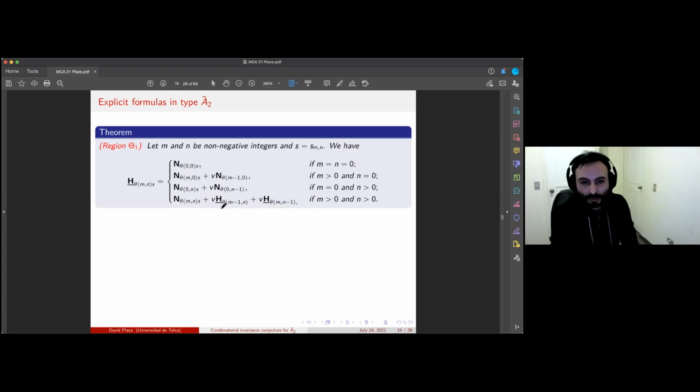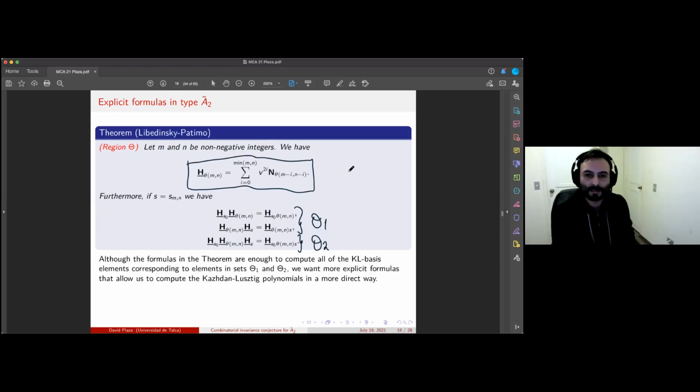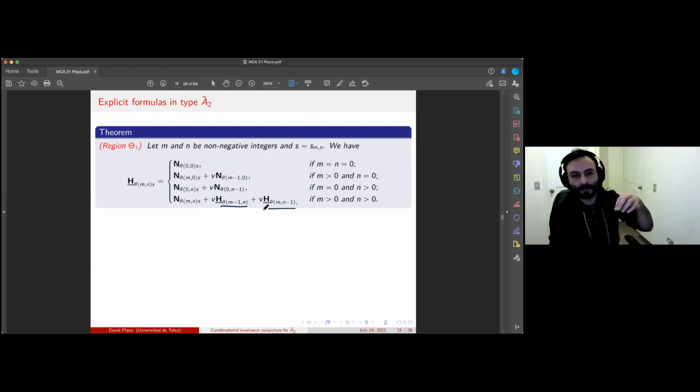But if we look at the index of this element, they are theta elements, so they belong to region theta 1. So we can go back to the last slide and use this formula to compute the element. So this is indeed a non-recursive way to compute this element.